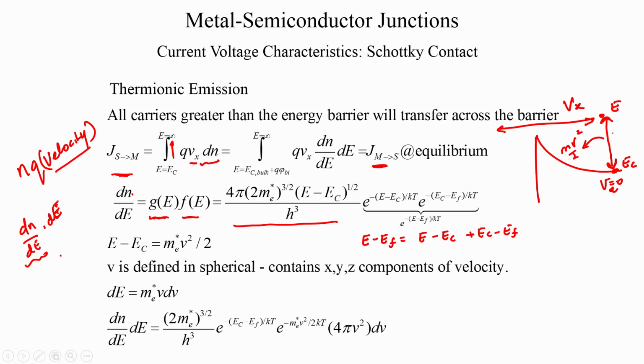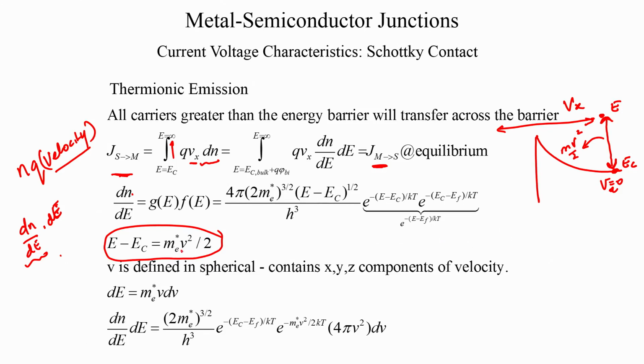That is why we are rewriting E minus Ef as E minus Ec, to get a gauge on what that energy is, plus Ec minus Ef, where Ec minus Ef are two well known quantities and therefore it is a constant. Now, E minus Ec is essentially the kinetic energy of the carriers. Here we are making an assumption that all the energy of the carriers above the conduction band is kinetic energy, and we are doing so in order to get a measure of this velocity.